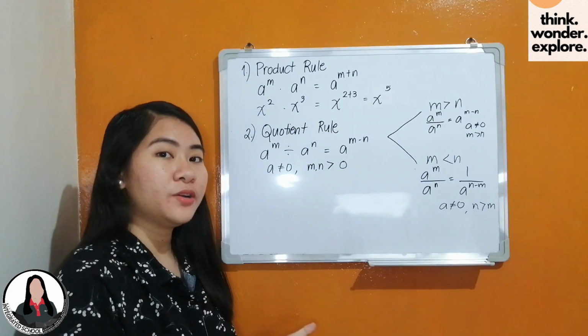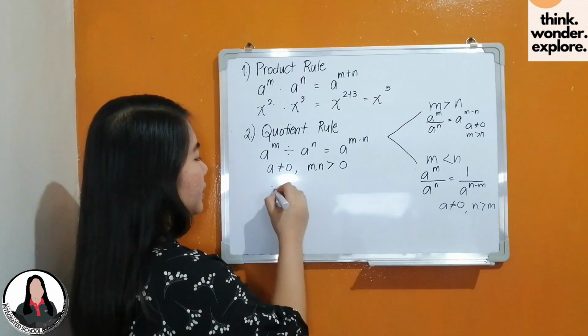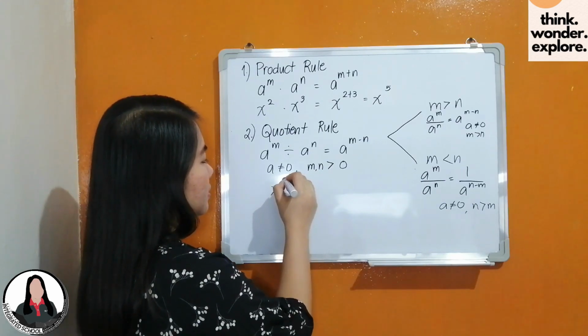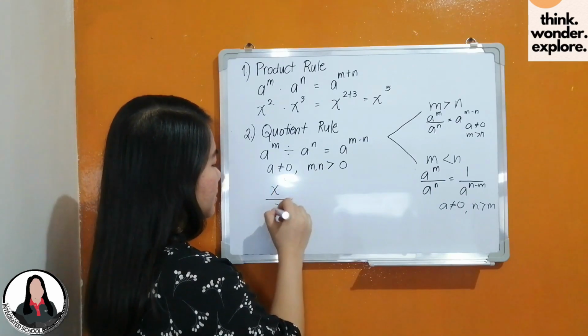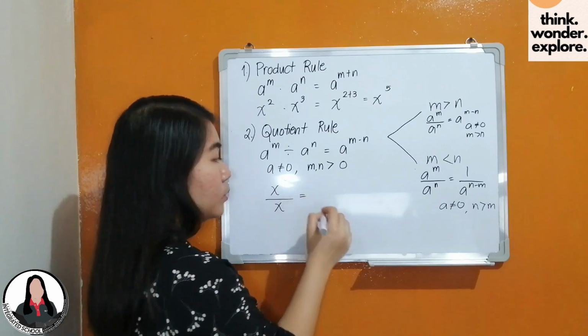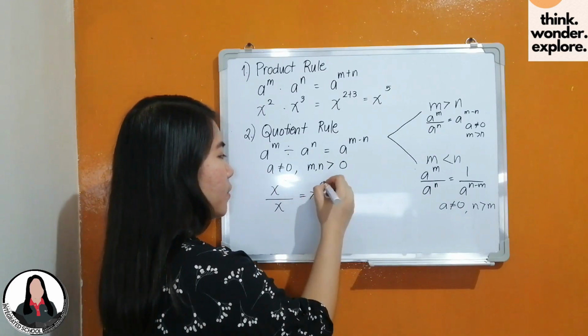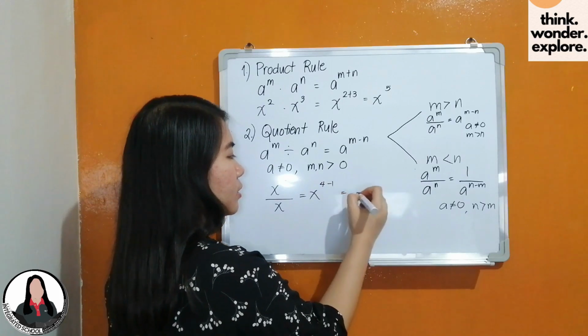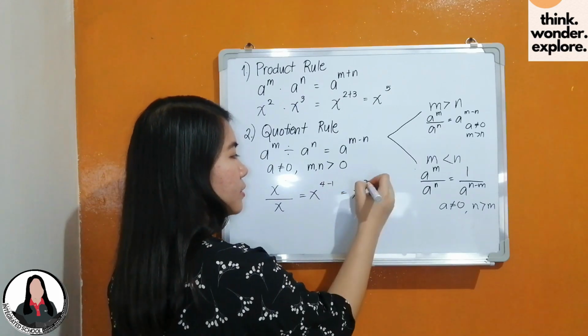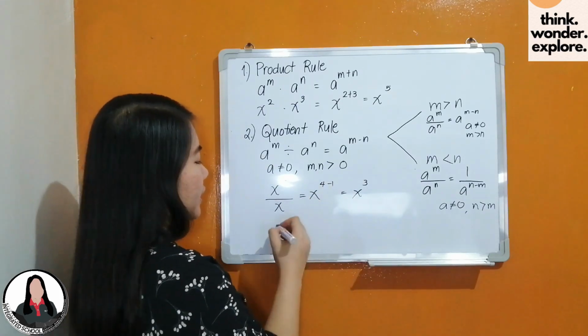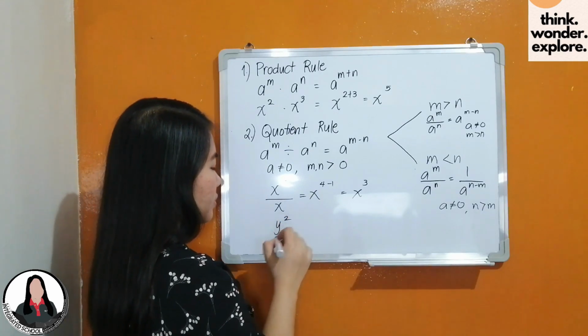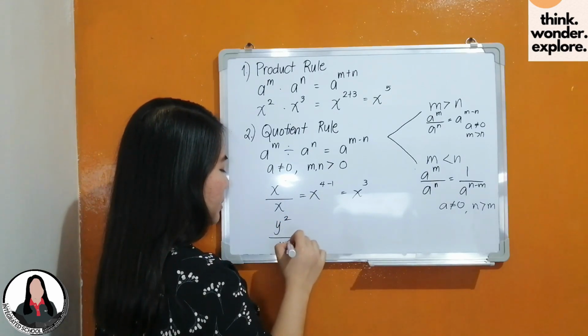For the examples under the quotient rule, let us have x raised to 4 over x is equal to x raised to 4 minus 1, simply x cubed. Another example, let us have y squared over y raised to 5.